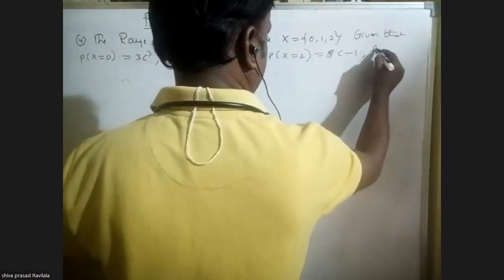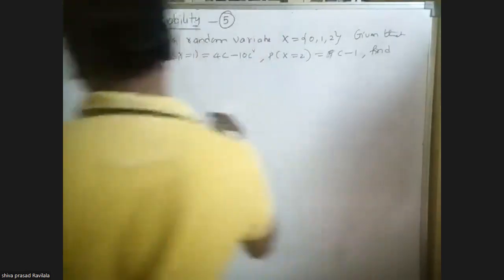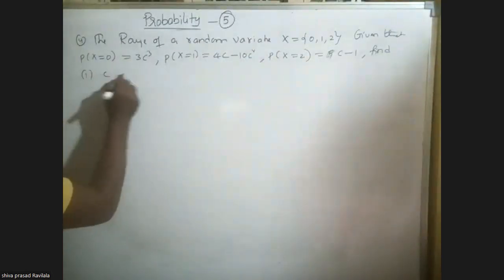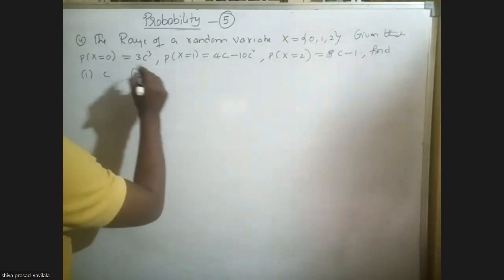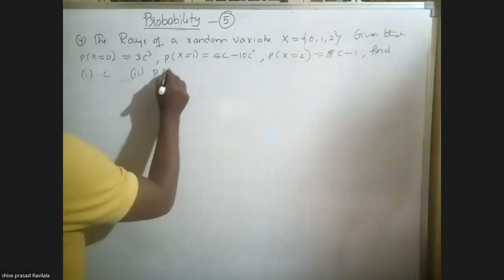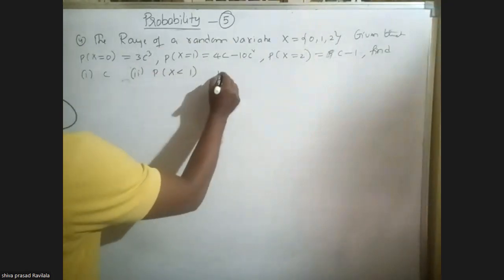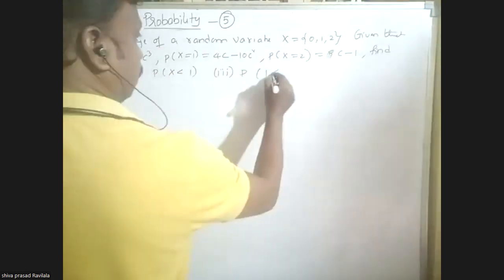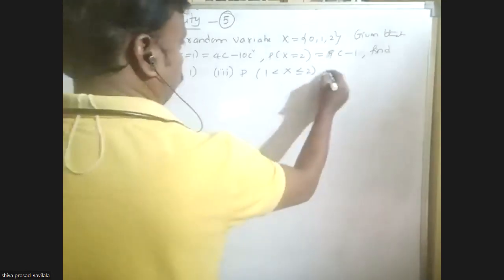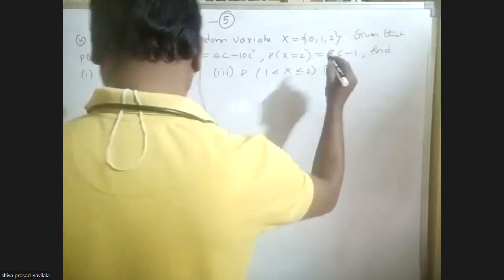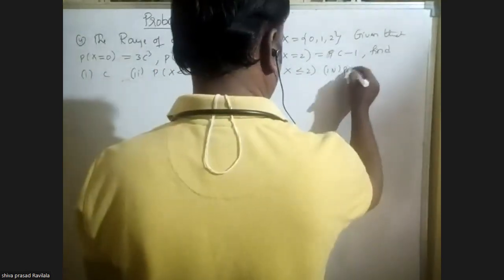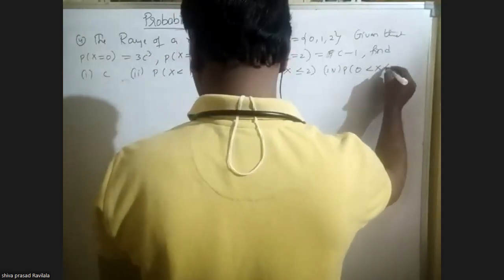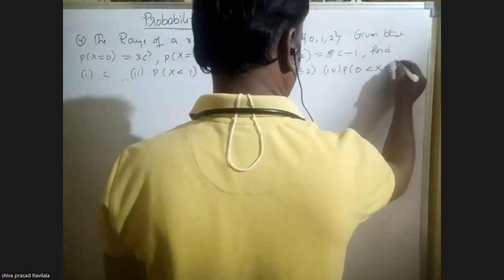First, find C. Second, the probability of x less than 1. Third, the probability of 1 less than x less than or equal to 2. Fourth, the probability of 0 less than x less than or equal to 3.